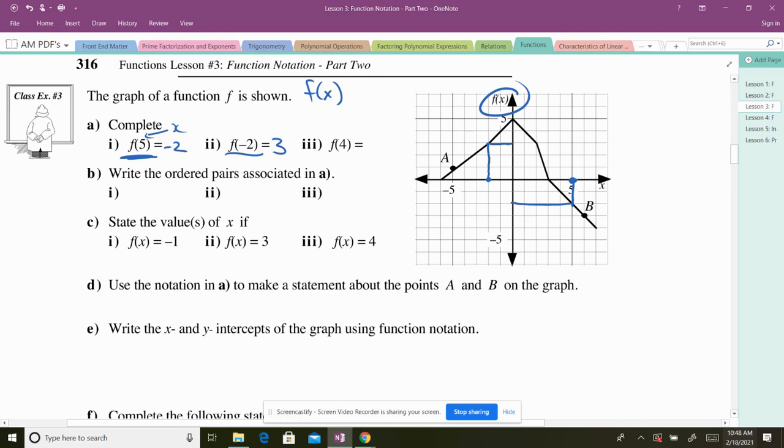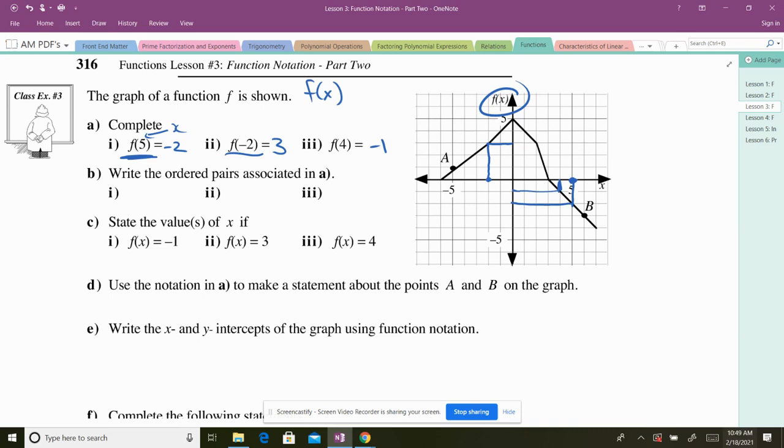All right, f of 4. What does that equal? It's right there, down, across, -1. Okay, so we can write these as ordered pairs now. Everybody okay with that?